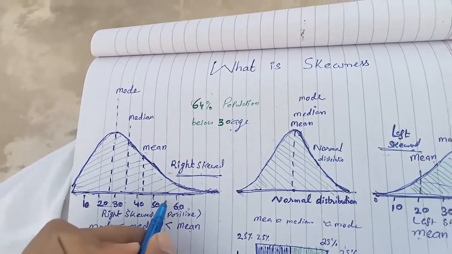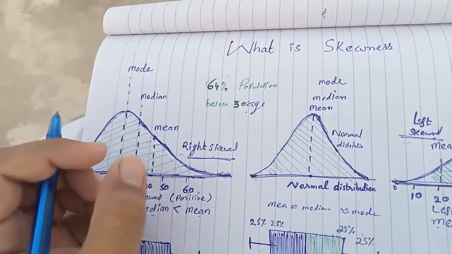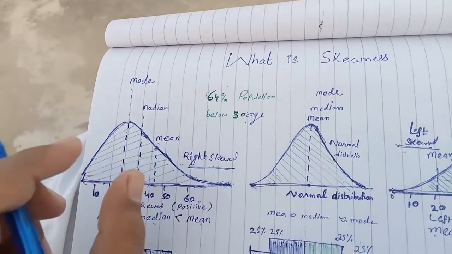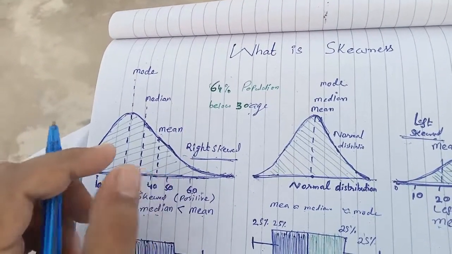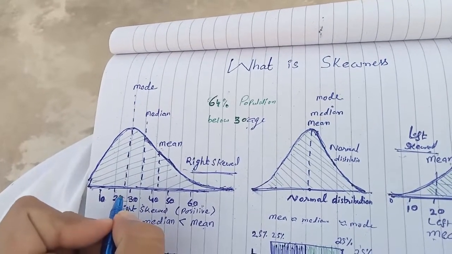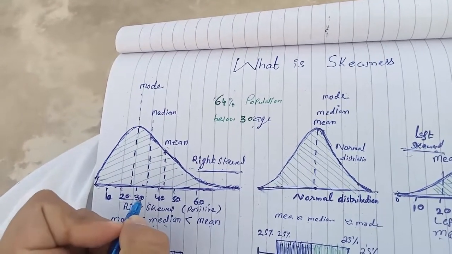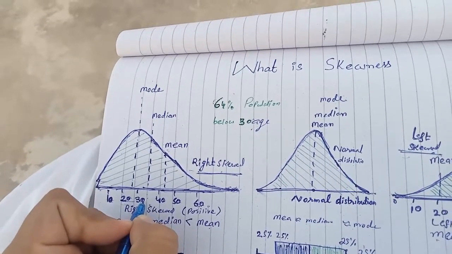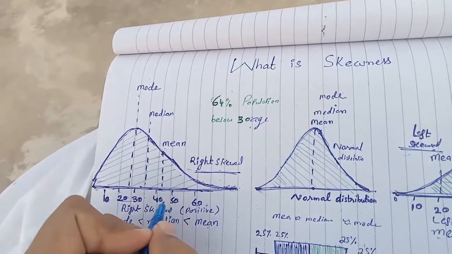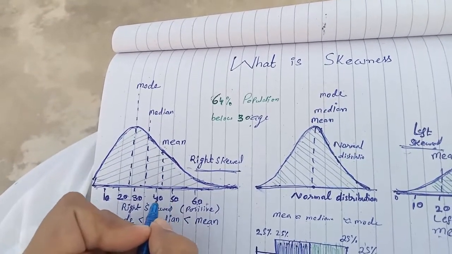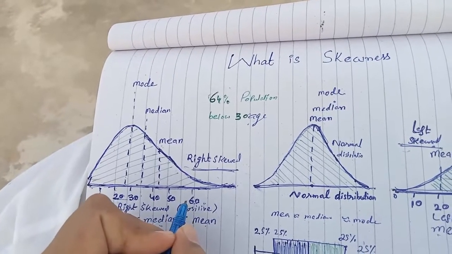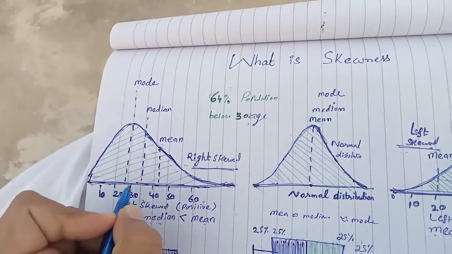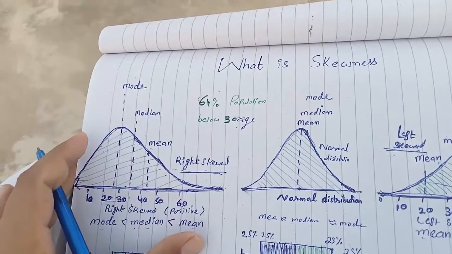So from here you can conclude that the skin disease is affecting more those whose age is between 20 to 30, right, as compared to the adults or more than 30. Those patients are not affected more compared to those patients whose age is 20, 30. So these are kinds of examples we can give, right?